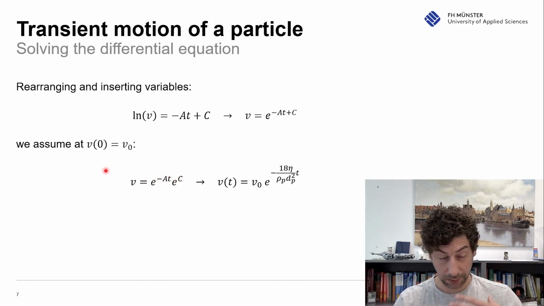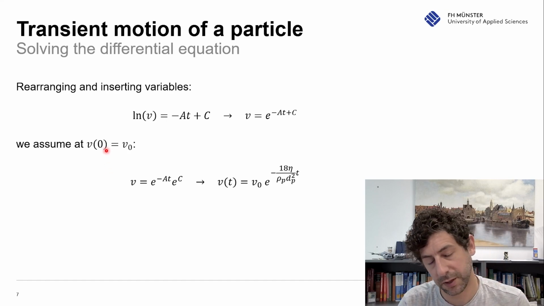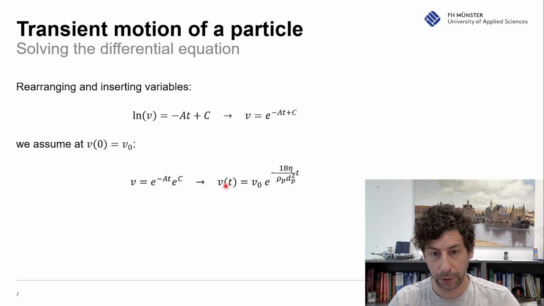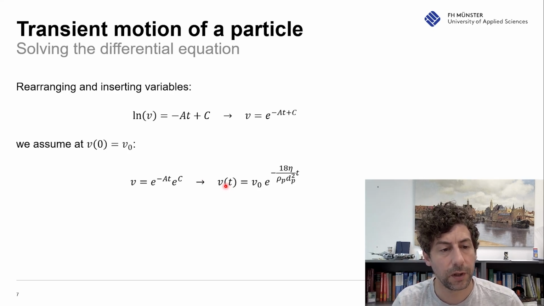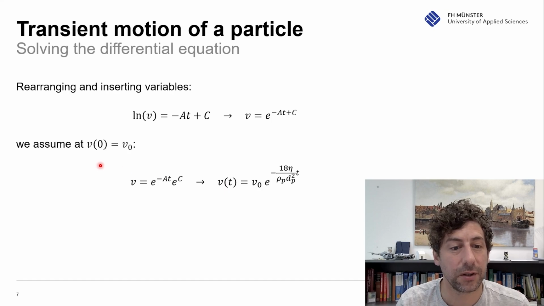And then if we say, okay, the velocity at time 0, because velocity is a variable of t, right? So with ongoing time, the velocity changes, and at time 0, the velocity is the starting velocity v0.